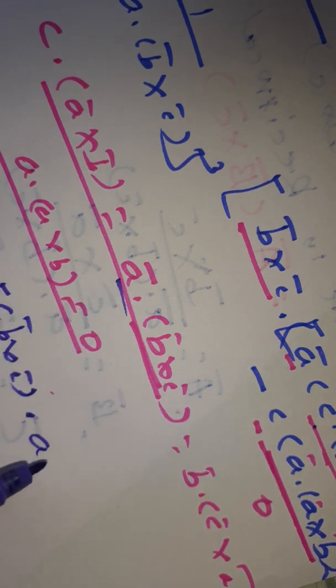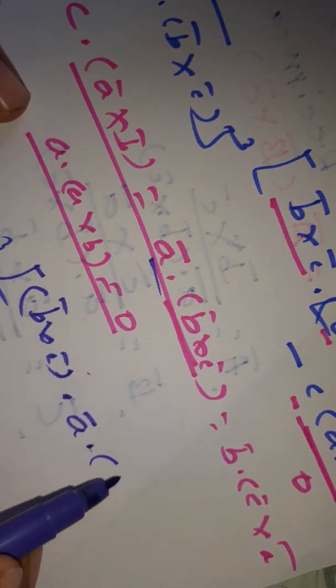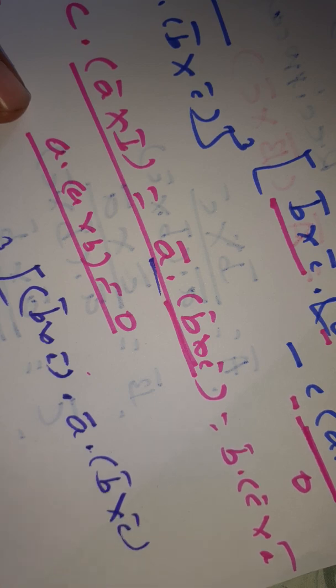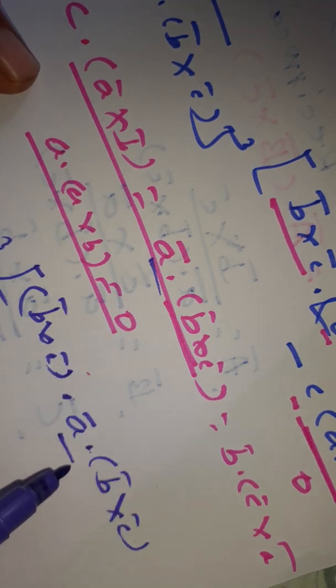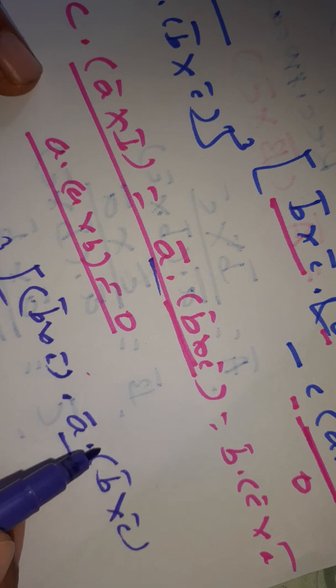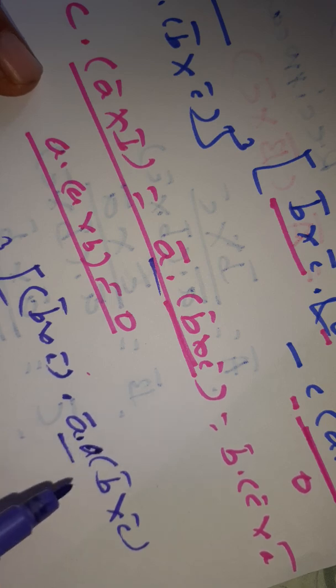So we got the A bar dot B bar cross C bar. Can we change this? C bar dot A bar is A bar dot B bar cross C bar. So there is one more A bar dot B bar cross C bar.